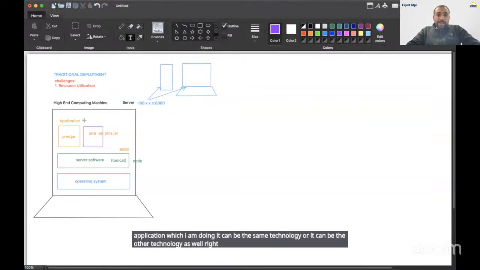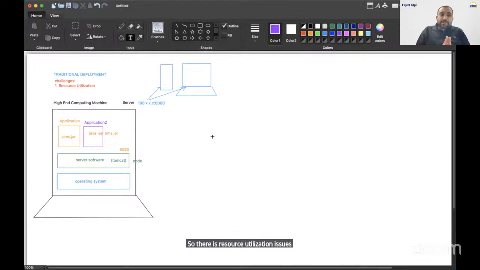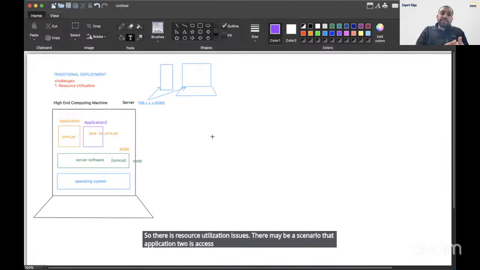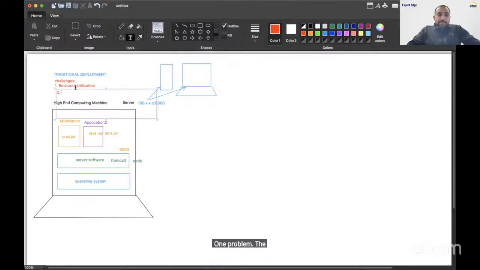So there are these two applications, application 1 and application 2. There are resource utilization issues. There may be a scenario where application 2 is accessed more on the same machine, so application 1 can underperform. So this is one problem. The second problem is, what if the traffic increases?